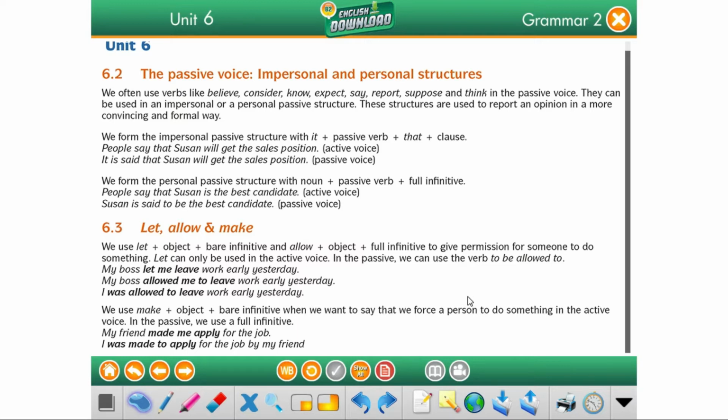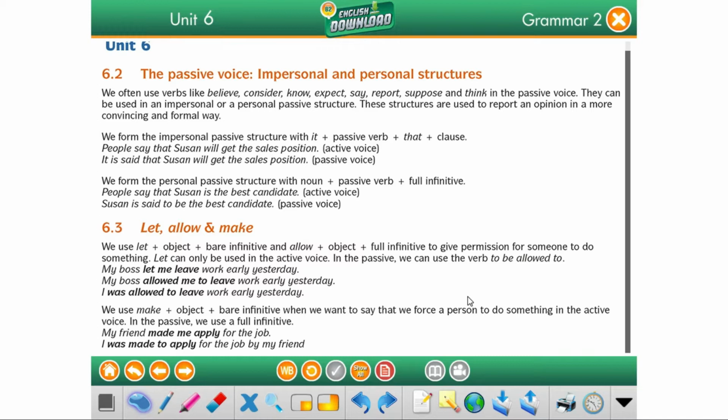A personal passive voice means that the object of the active sentence becomes the subject of the passive sentence. So every transitive verb can form a personal passive form. For example, if I say, they build horses, the passive form is horses are built.